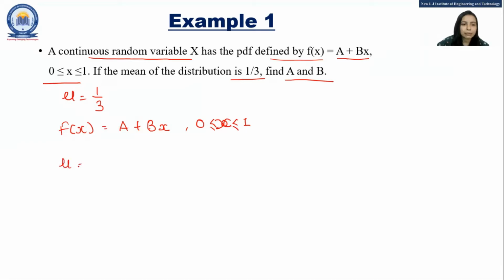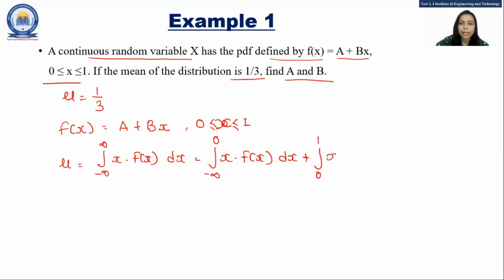So mu is equal to the integral from minus infinity to infinity of x into f of x dx. That is equal to the integral from minus infinity to 0 of x f of x dx plus the integral from 0 to 1 of x f of x dx plus the integral from 1 to infinity of x f of x dx.